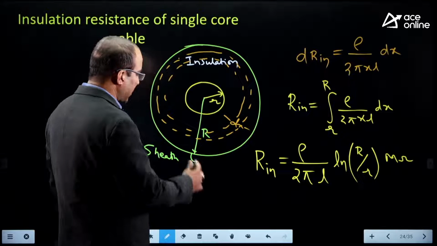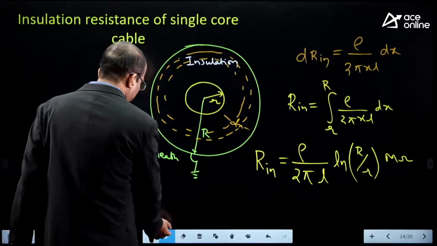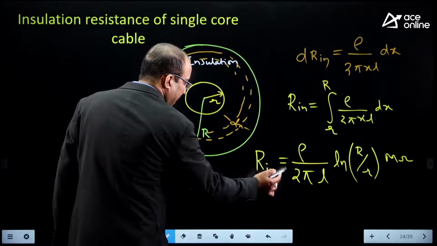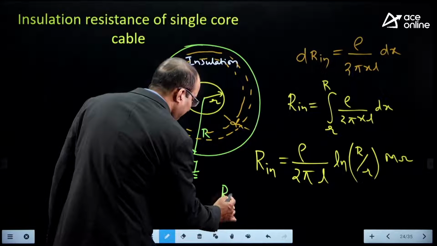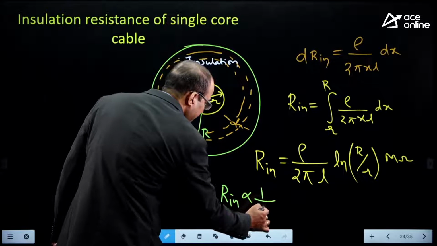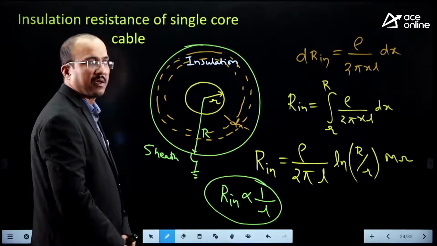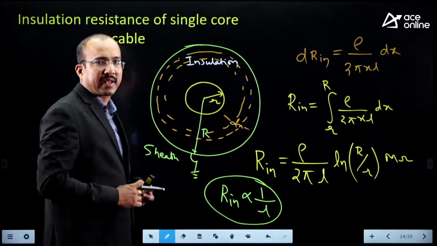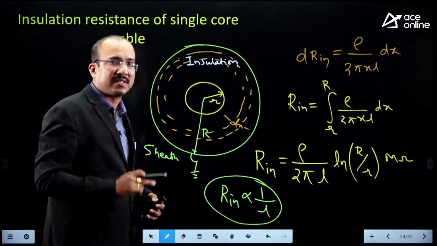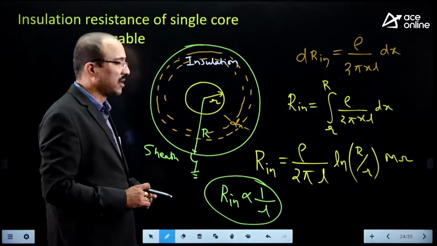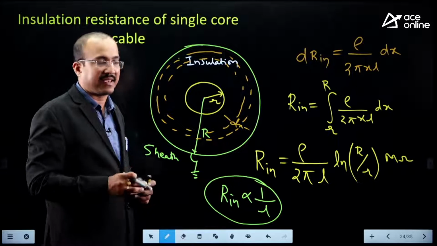Now, what is your observation? The important point goes like this. The insulation resistance of an underground cable is inversely proportional to the length of the cable. As the length of the underground cable increases, the insulation resistance will reduce, whereas the conductor resistance increases.